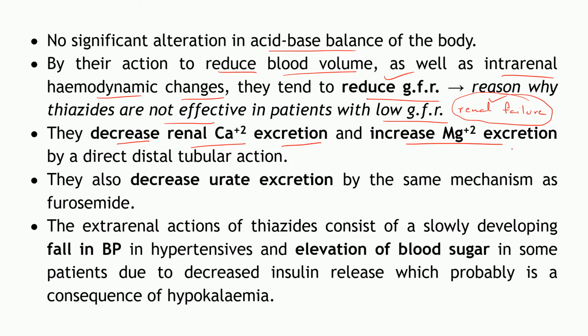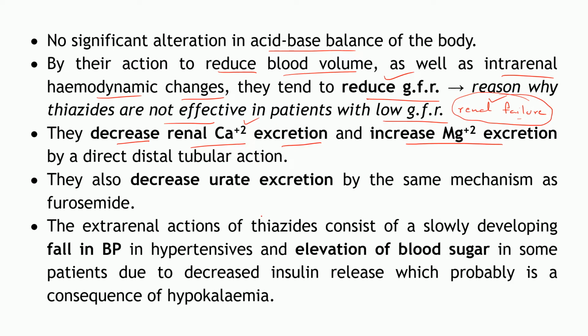The site is different. The transporter on which they act, that is different. Okay. GFR reduction, this particular point is different. Efficacy in renal failure, this point is differing over here. Decrease in the calcium excretion is produced by the thiazides, whereas increase in the renal excretion of calcium is true with the high-ceiling diuretics. Okay, so these points of differences should be noted down.